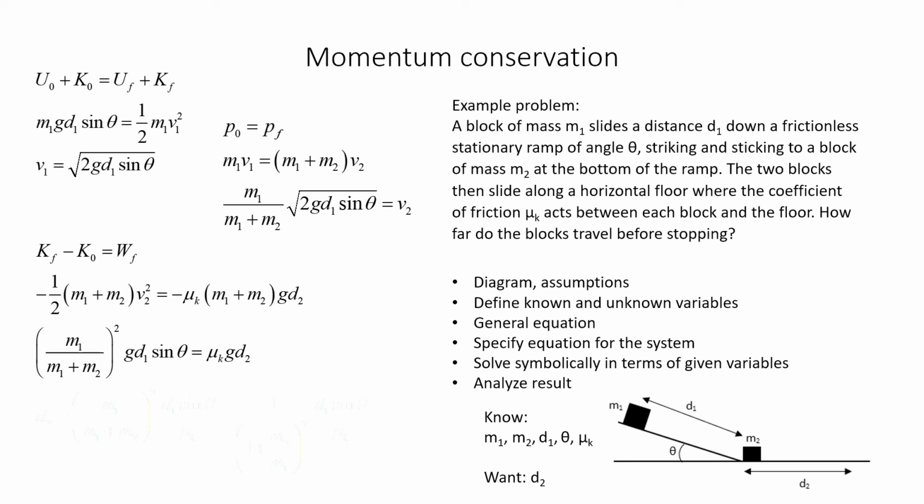For the next step, I've canceled the term of m1 plus m2 on both sides and the minus sign. I've substituted in v2 squared. That gives me an m1 over m1 plus m2 quantity squared. And then the square root term, 2g d1 sine theta, and the 2 cancels with a factor of 1/2. That just equals mu k g d2.